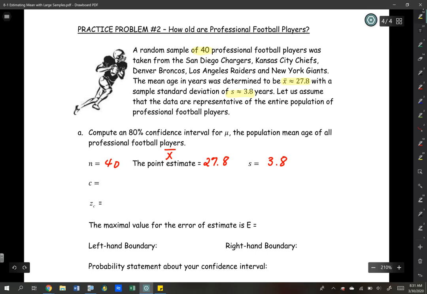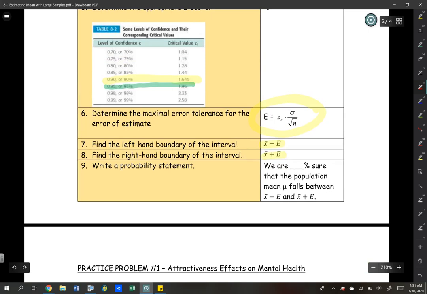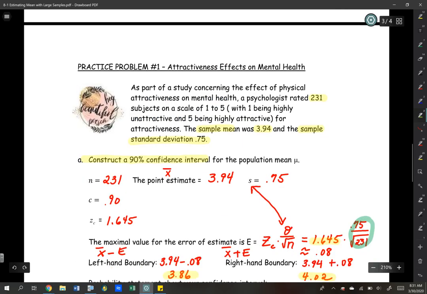Our confidence level for this is 80%, so 0.8. We go to our table 8-2 and look up where C is 0.8. All right, so 1.28.